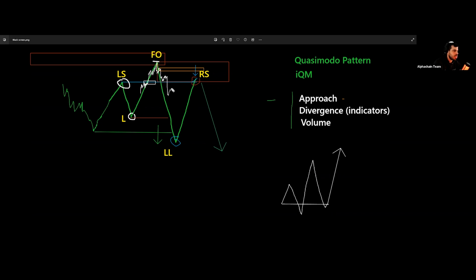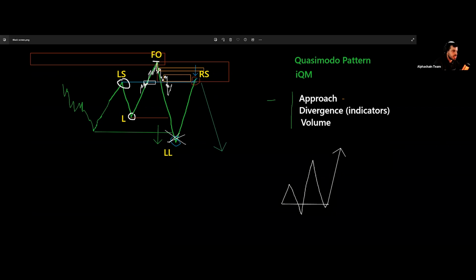Yeah, so for example, we have this line. So we have these 2 supplies, right? In here. And there's another way to trade this specific Quasimodo pattern, right? You don't need to wait for this warwall to be created in order to trade something in alignment with this left shoulder.